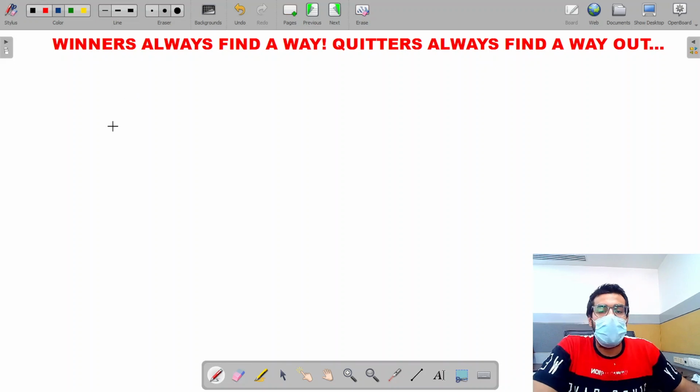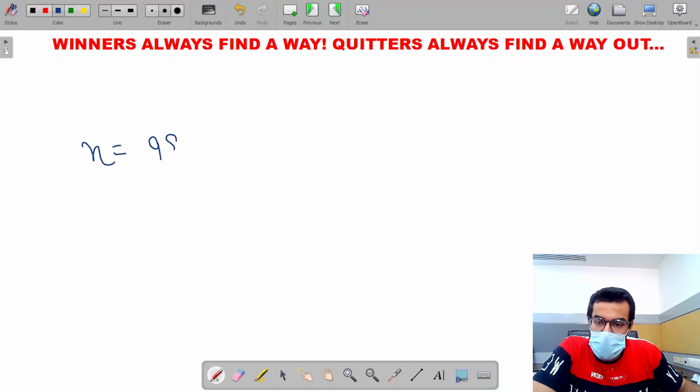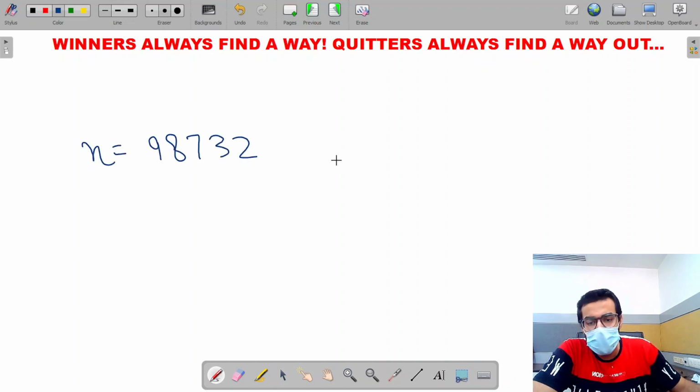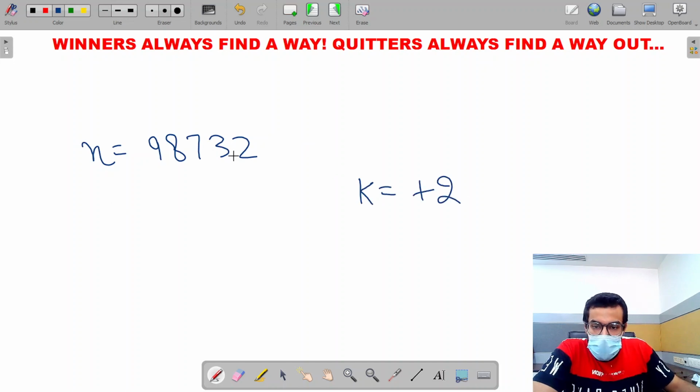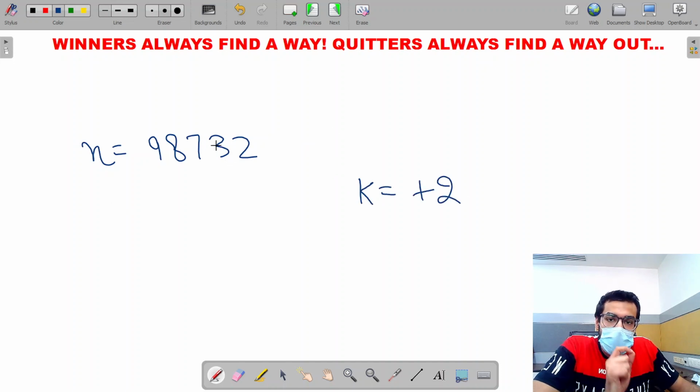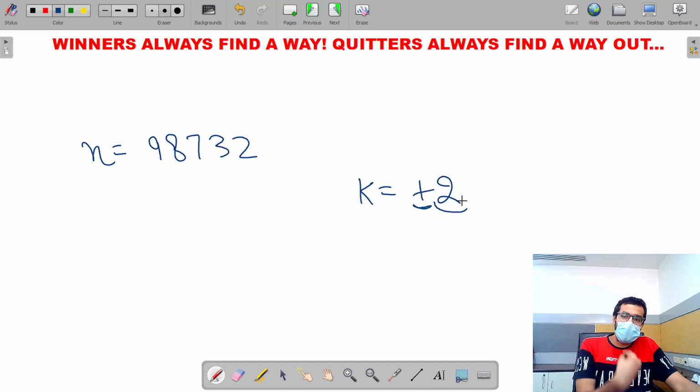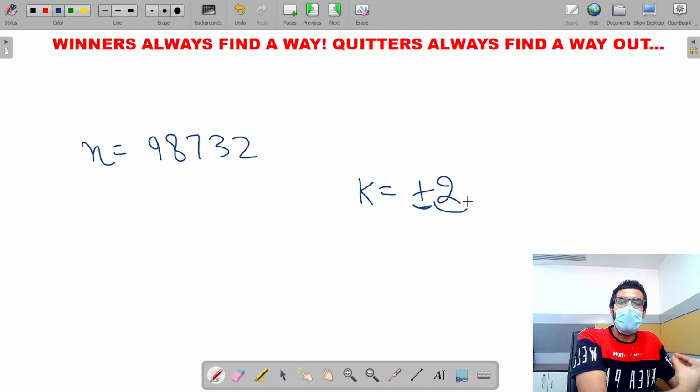It might be that you got a little confused by the question. So let's say that the value of n is 98732, and we are given the value of k as plus 2. This means that we have to shift each digit of the number to the right because it is plus, and 2 means we shift each digit to the right by 2 positions.